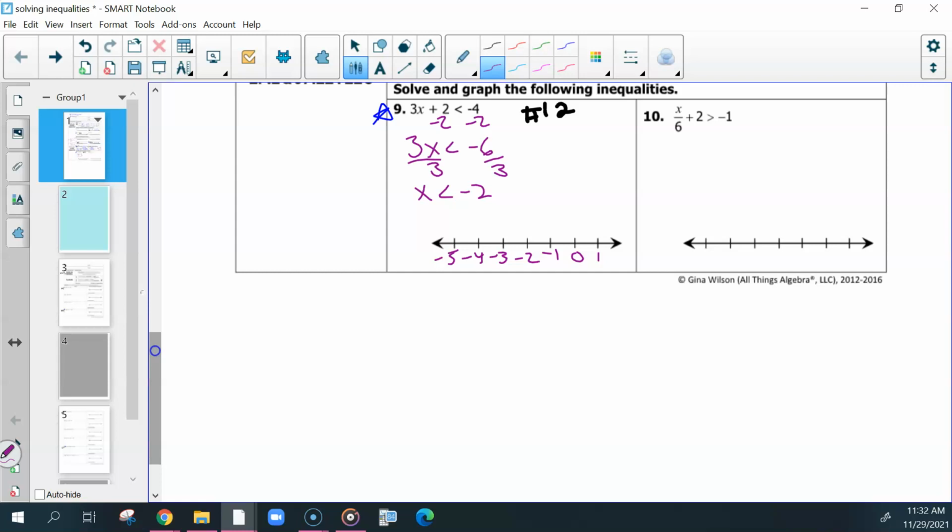Would this be an open or a closed circle? Open, at -2. And then going to the left or to the right? Yes, to the left. So that would be us solving the inequality and putting the answer by graphing it.